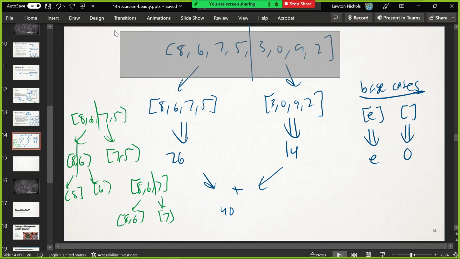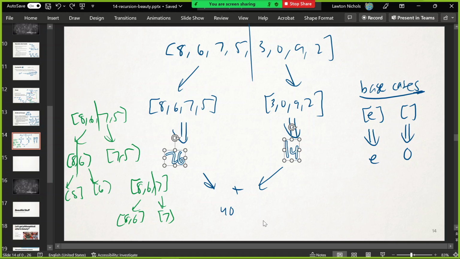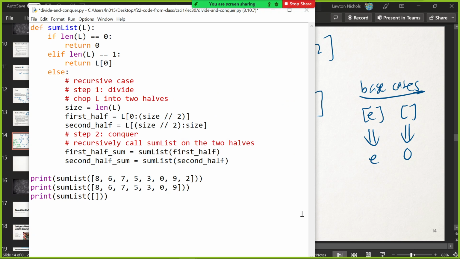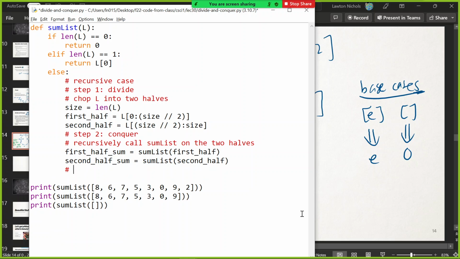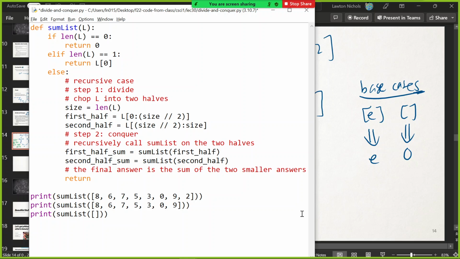What's the final solution for the original biggest list? Well, it's just the sum of those. Add them together, give that back, that's your answer. So the final answer is the sum of the 2 smaller answers. That's all. So return first half sum plus second half sum.